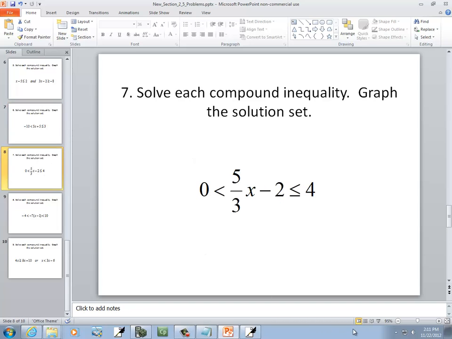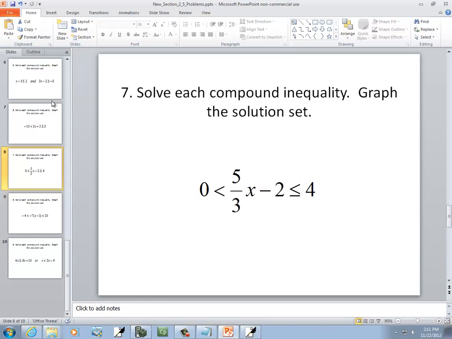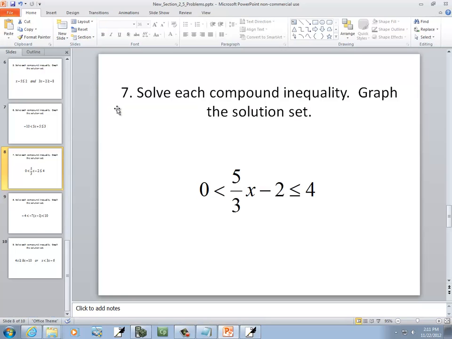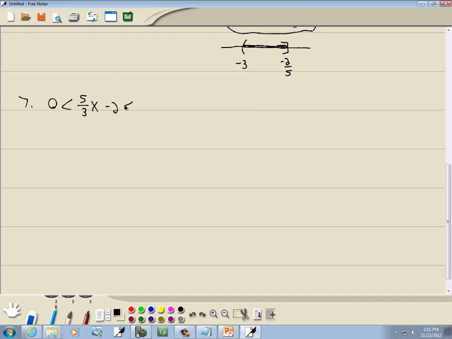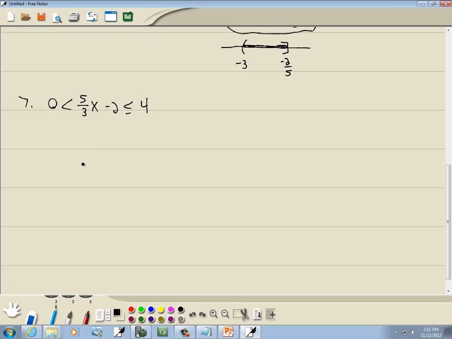Let's look at another one. Zero is less than 5/3 x minus 2 is less than or equal to 4. Okay, first step, get rid of parentheses. Don't have any. Second step, get rid of fractions. Multiply everything by the LCM of all your denominators.